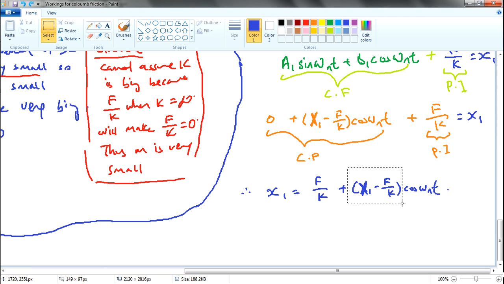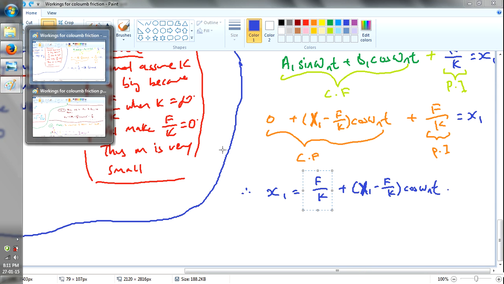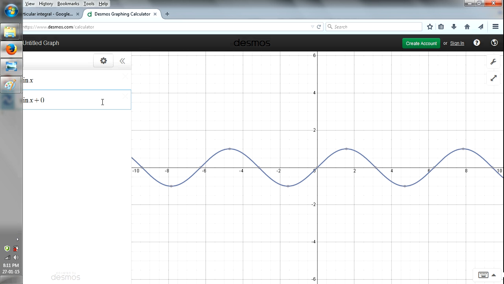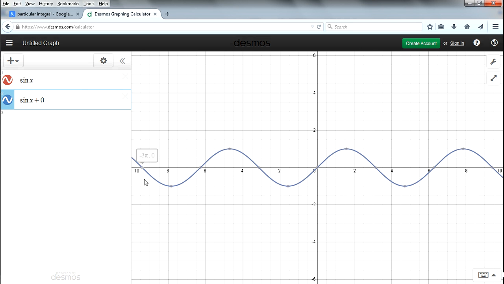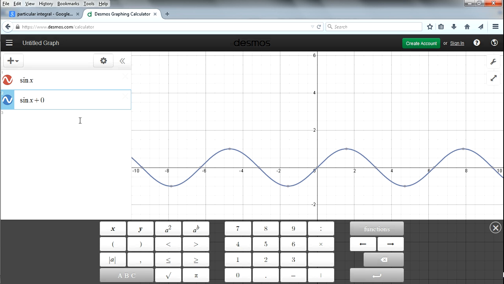This one defines the amplitude, this one defines how the graph would move, and whatever is outside of this whole equation will shift the whole graph. So what I mean is, let's say sine x is this graph over here. Sine x plus 0 is also this graph, but if you add 2, you move the graph upwards by 2, even by 3, by 4, by 5, and if you subtract, you are moving it down.